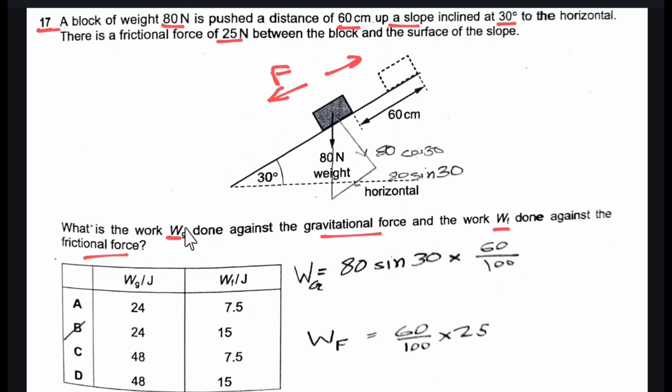So work done against the gravitational force means the work done due to the weight. The weight, that is 80 Newton, is acting vertically downwards, and with respect to the surface we need to find the horizontal and the vertical component of the weight. That is, the vertical component is 80 cos 30 and the component along the plane is 80 sin 30.